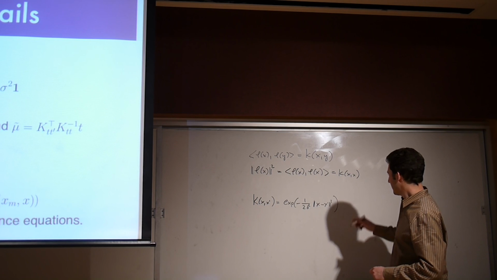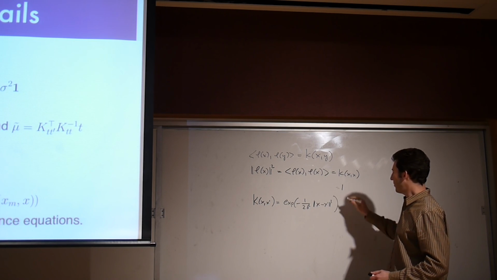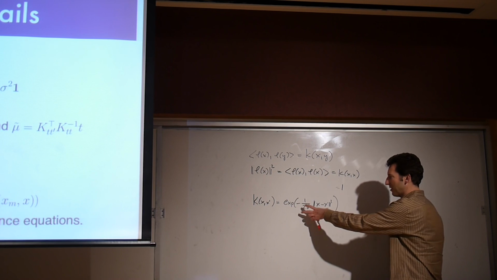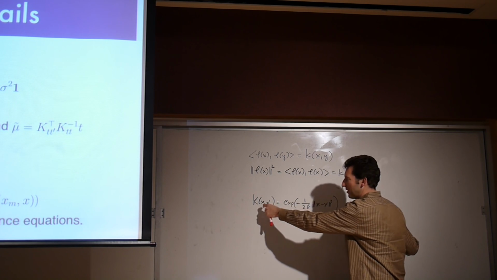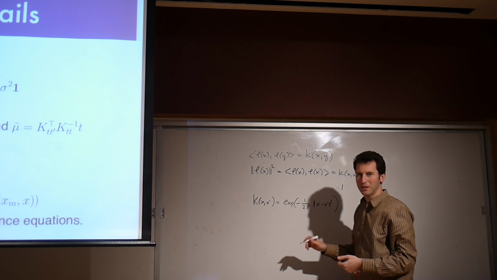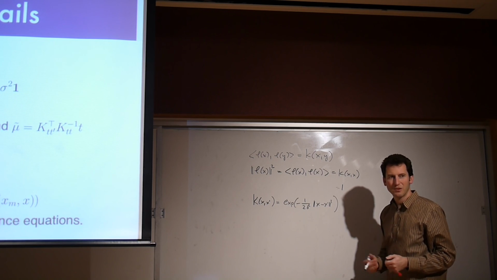So from that it follows that in this specific case, k of x and x is 1, because the argument of the exponential vanishes. So any kernel that only depends on the distance between its arguments will have that property, that k of x and x is a constant.